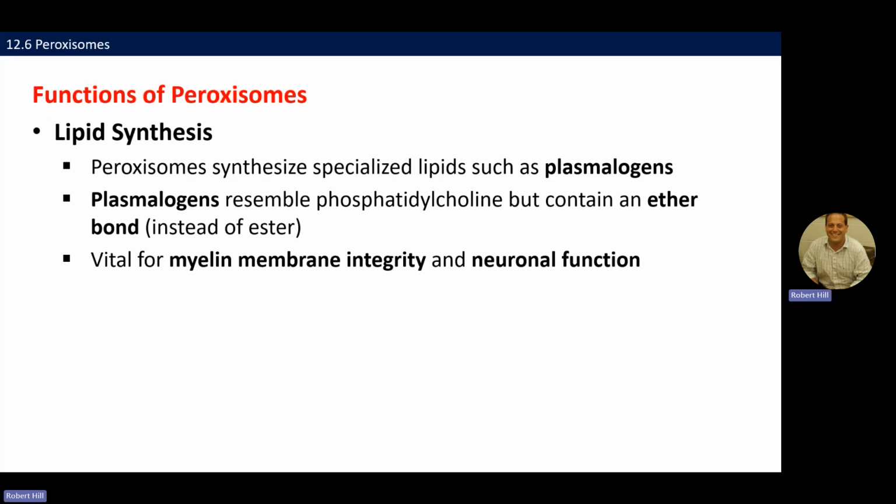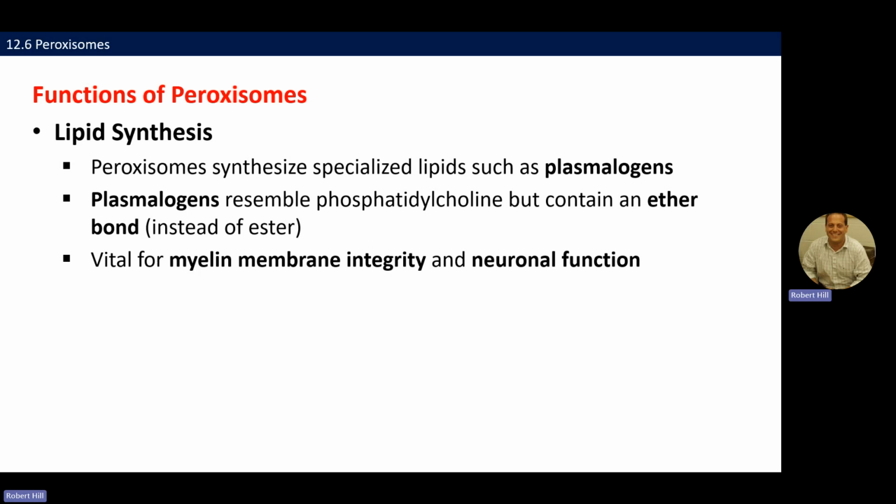All right, so peroxisomes, they are an important site of lipid synthesis as well. So plasmalogens, these are very prevalent in the axons of neurons, right?